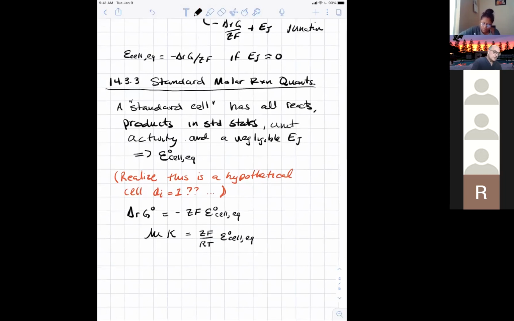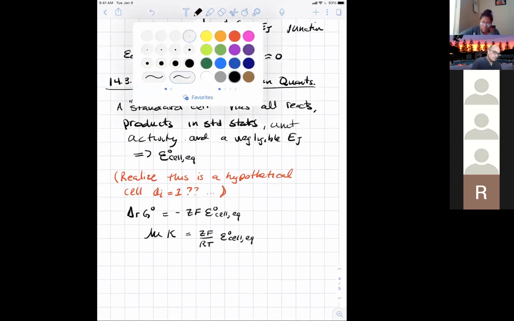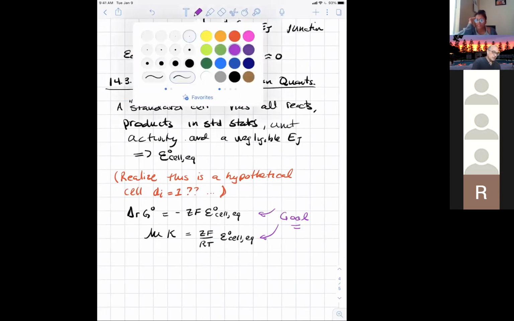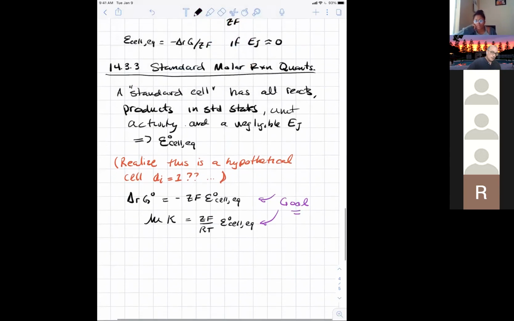So the standard cell potentials are some sort of goal that we have, because if we can know those, then we can know these very important things, the equilibrium constant and delta G naught.